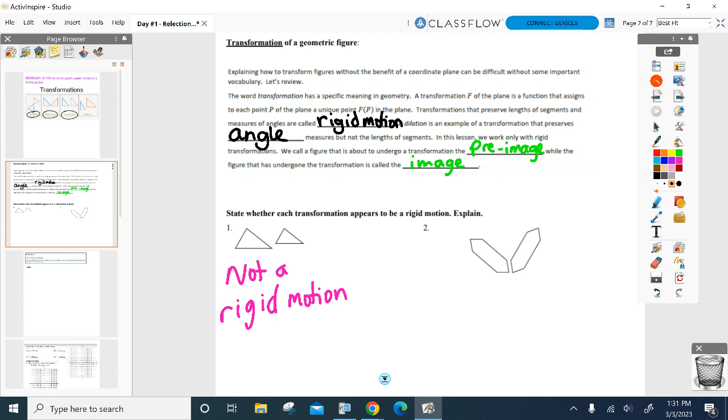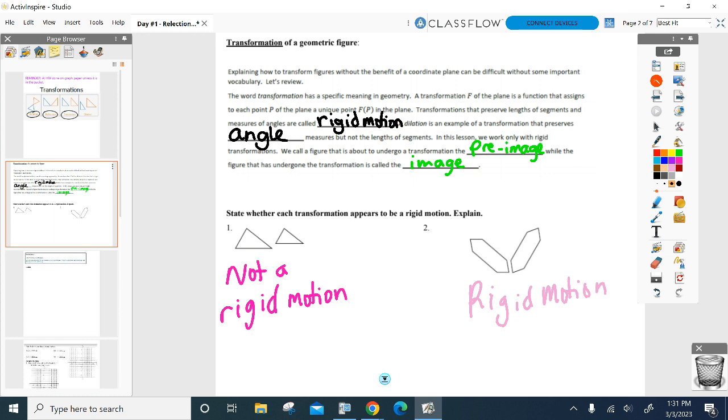Because you changed the size of it. I changed the size. Rigid motions, angle measure, side length don't change. What about number 2? Did it look like I performed a rigid motion there? Yeah. Side length stayed the same. Angle measure looks like it stayed the same. So this is a type of rigid motion. I don't know, what is it? Maybe a rotation and something else, but it's a rigid motion.